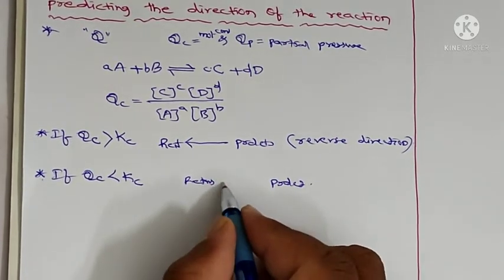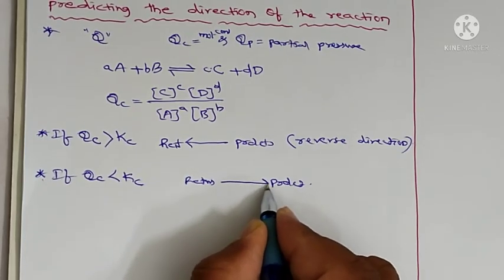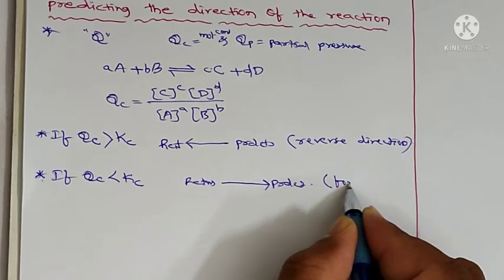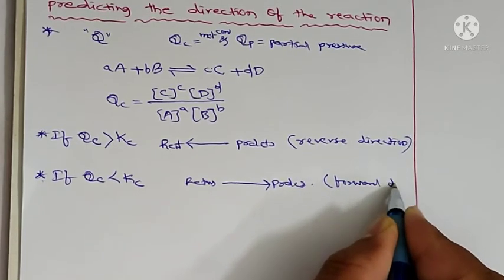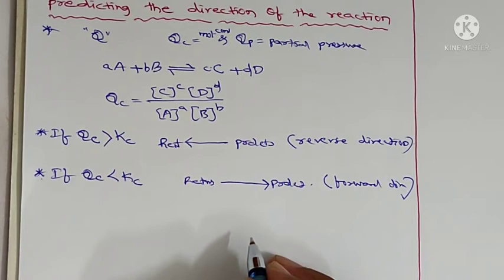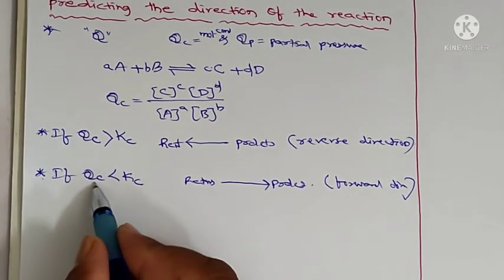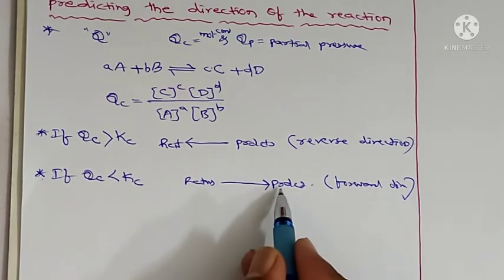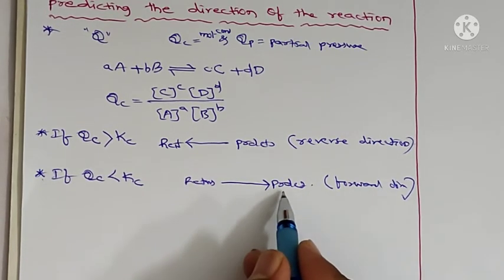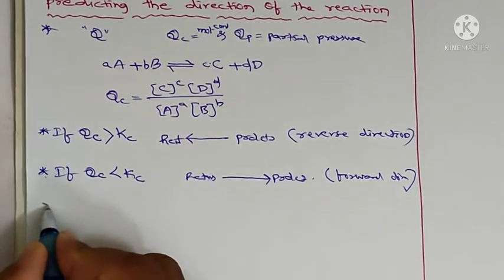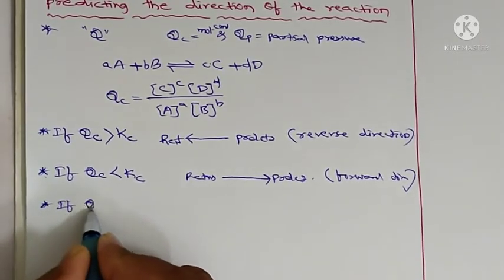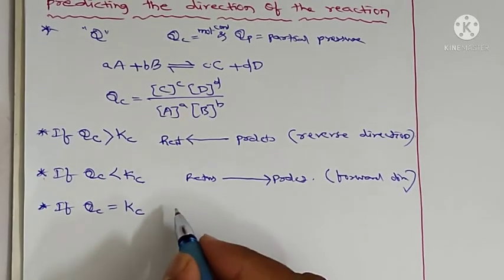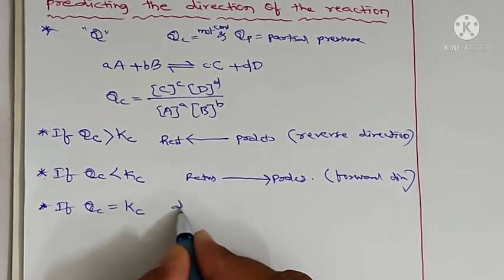So the reaction proceeds towards the products, which means forward direction. So if Qc is less than Kc, the reaction direction is forward from reactants to products. And if Qc is equal to Kc, the reaction is already at equilibrium.